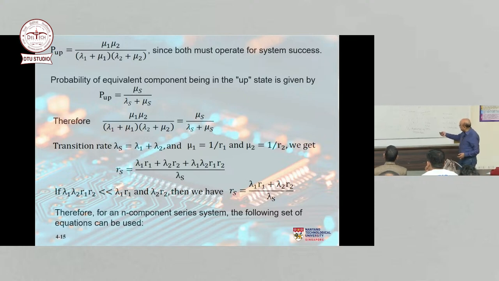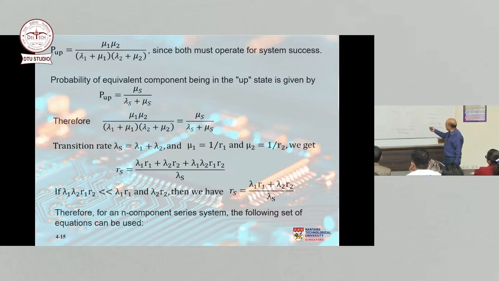So if we say that this term, lambda 1, lambda 2, R1, R2, is much smaller than this one and much smaller than this one, then we can assume that this one can be neglected. And therefore I will get Rs is equal to lambda 1 R1 plus lambda 2 R2 over lambda S. So this is the approximate equation that we use for series components in power systems or anywhere.